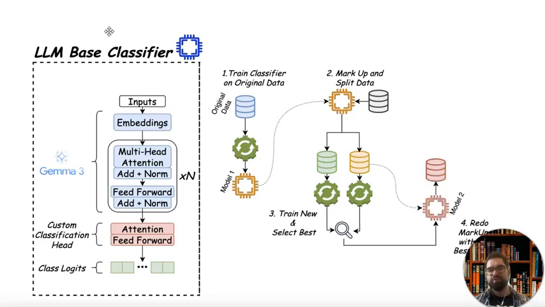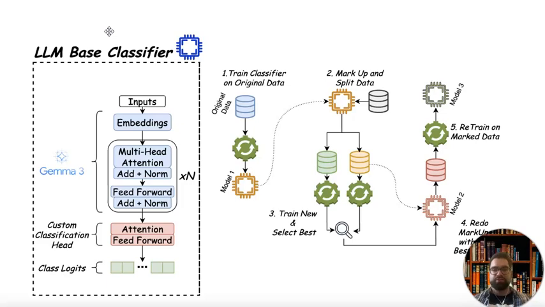The best performing model is then used to pseudo-label the chunk that it didn't see. So, for example, if you selected the model on the right, it will pseudo-label the chunk that was used for training the model on the left. We refer to it as model 2.